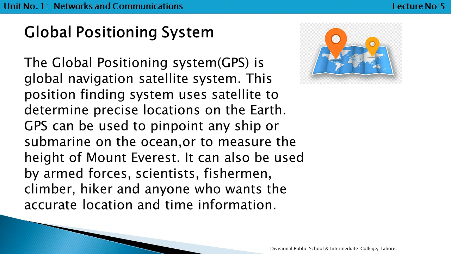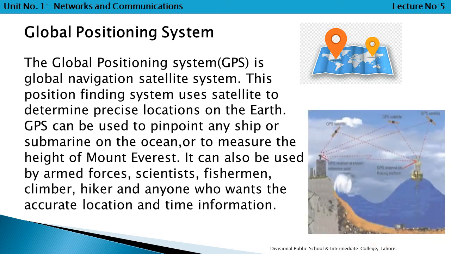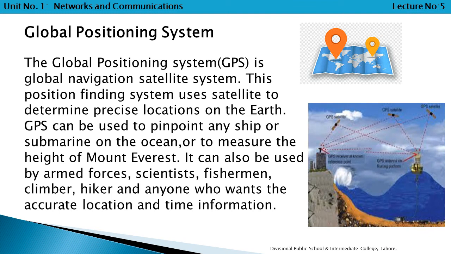GPS is made up of three different components called segments that work together to provide location information to the users. Number one is space, meaning satellites. Number two, ground control. Number three, user equipment. GPS is a powerful, dependable tool for business and organizations in many different industries.